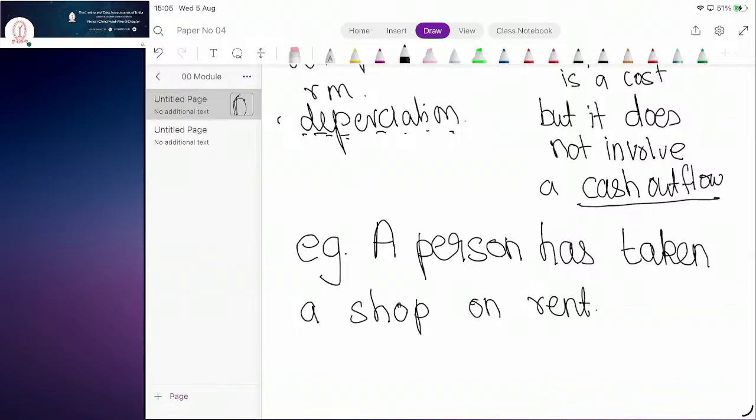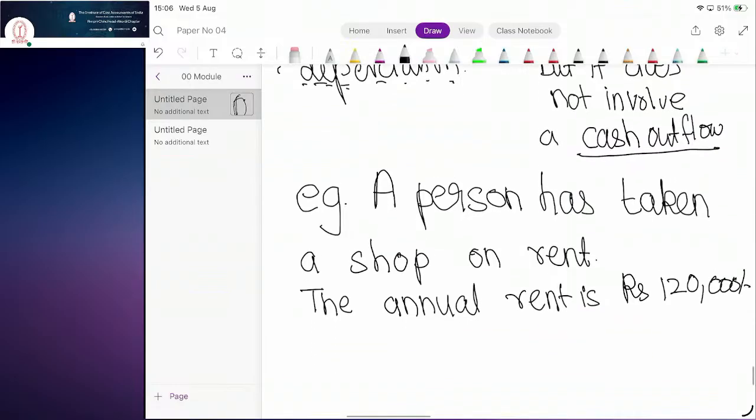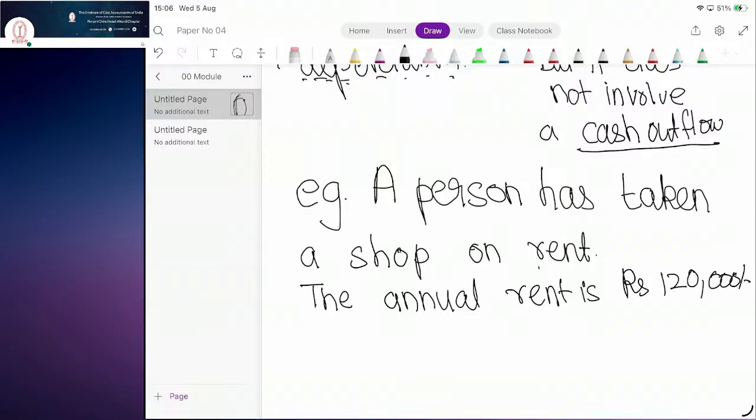The annual rent, let us say per month 10,000 rupees, will be 1,20,000. So a person has taken a shop on rent, so every month he has to pay 10,000 rupees to the landowner. At the end of the year he has paid 1,20,000 to the landowner. Can all of you understand this transaction?